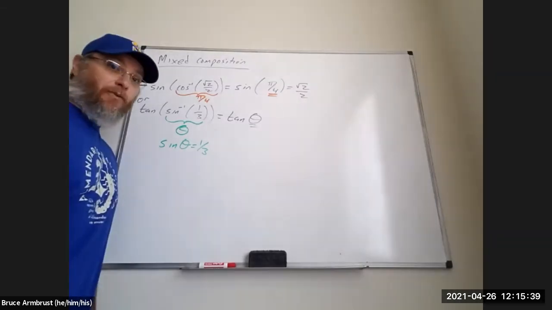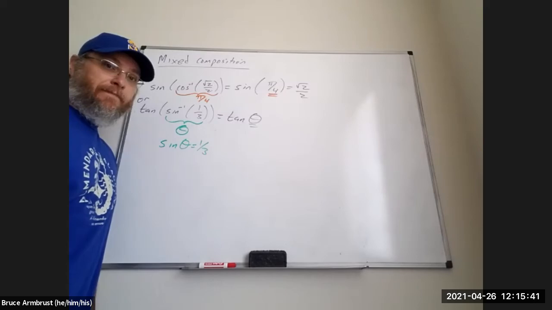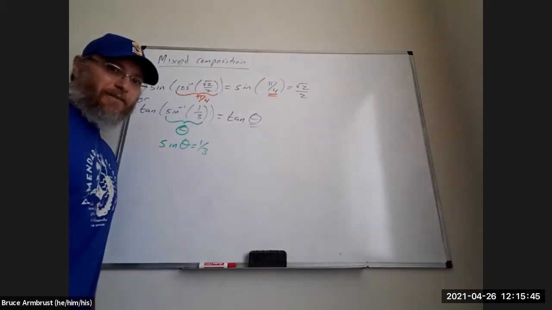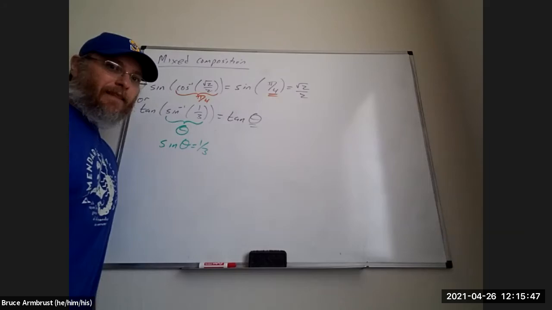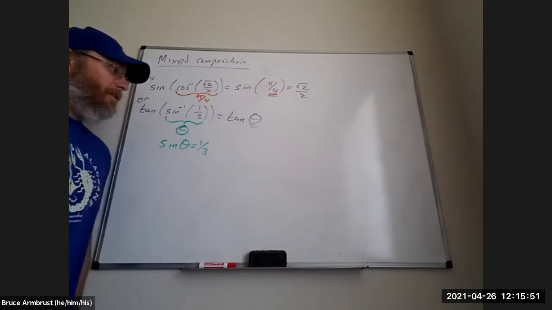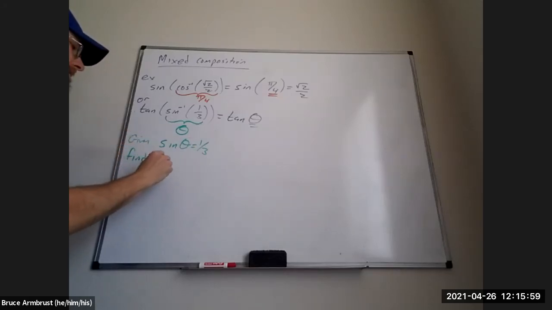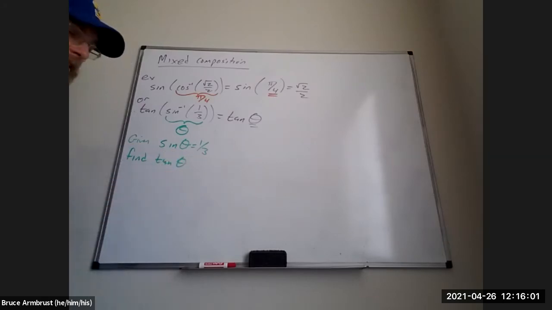Find the values of the other ones. In fact, I'm pretty sure you had some on the quiz. This is exactly that. This is basically saying, given that sine of theta equals 1/3, find the tangent of theta.